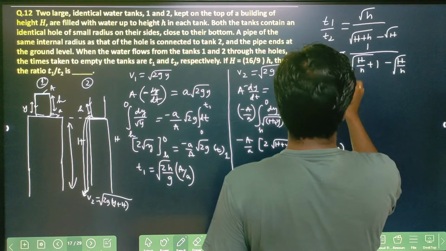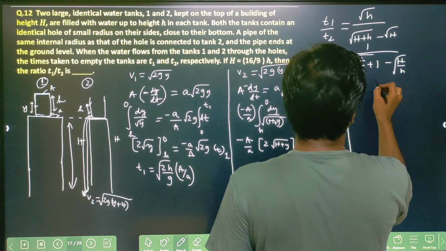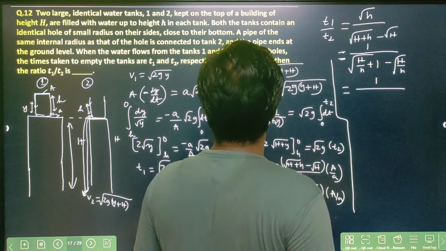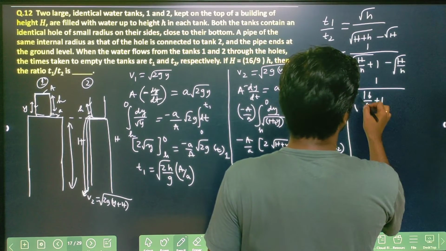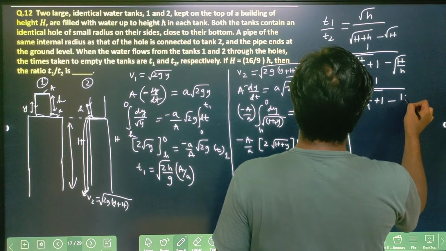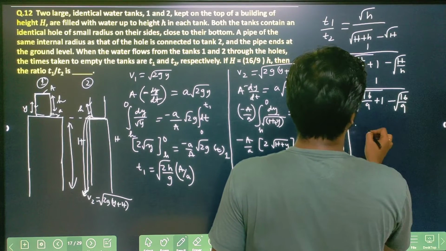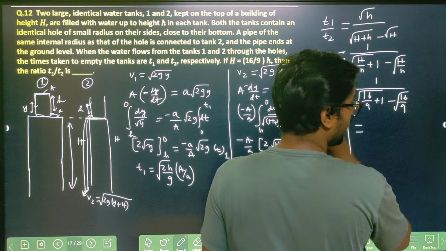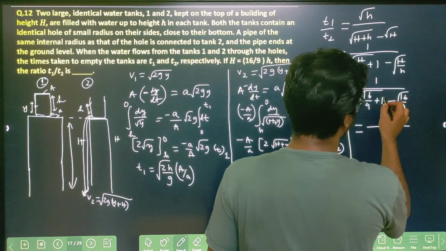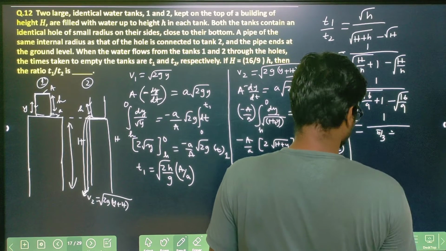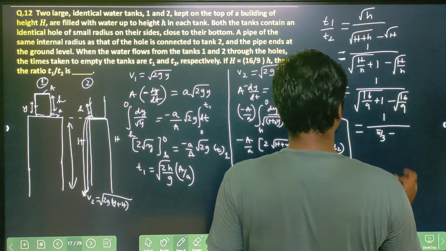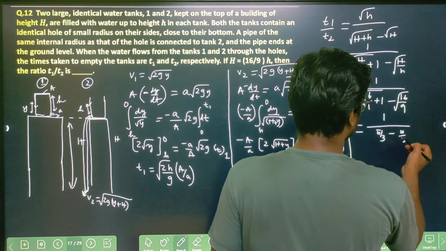This is 1 by h by h, you see, 16 by 9. So this will be 16 by 9 plus 1 root over minus 16 by 9 root over. So this will be 25 by 9, this will be 1 by 25 by 9 will be 5 by 3, plus, minus is there, so 25 by 3 minus, and 16 by 9 this will be 4 by 3.